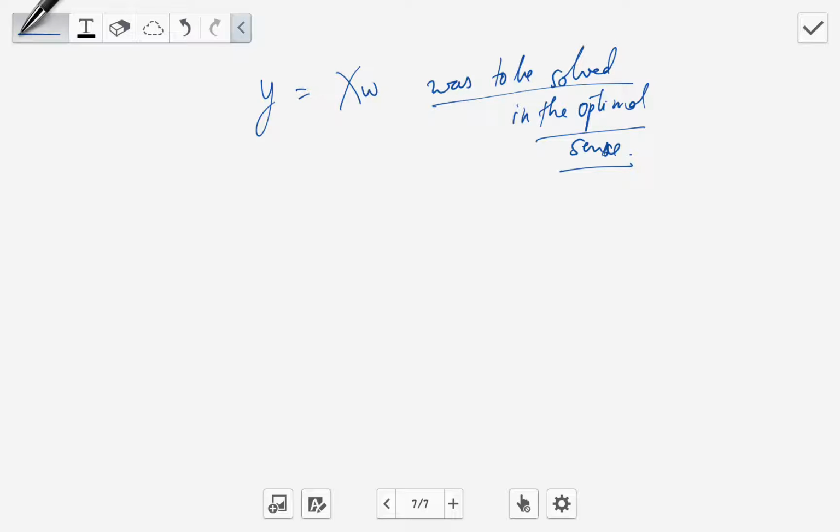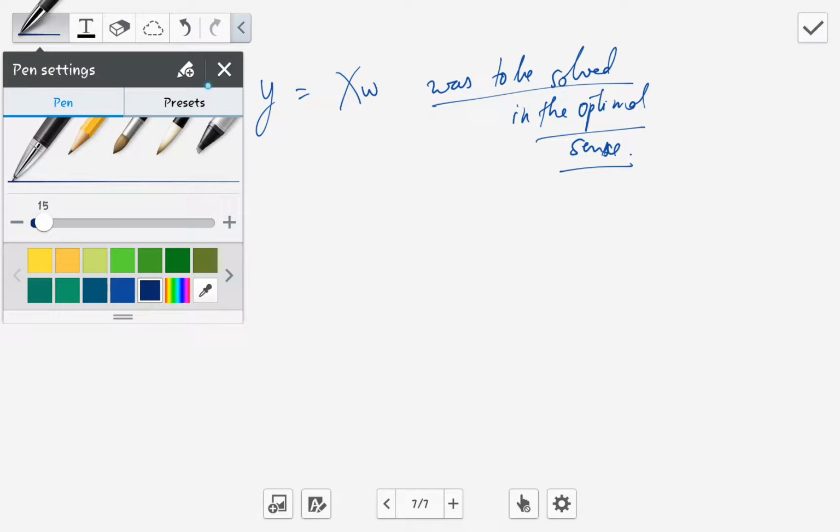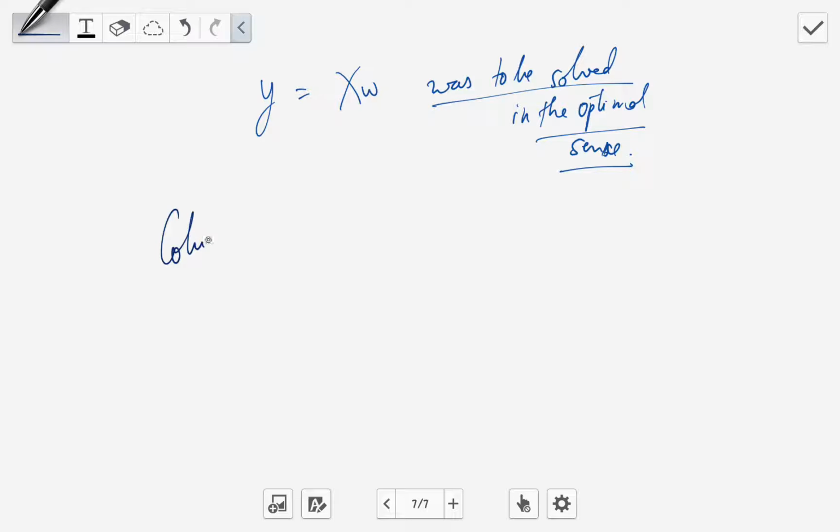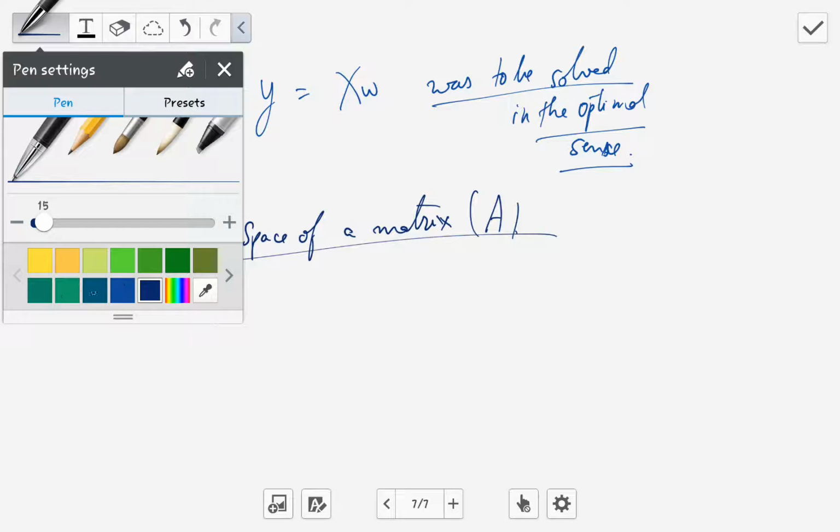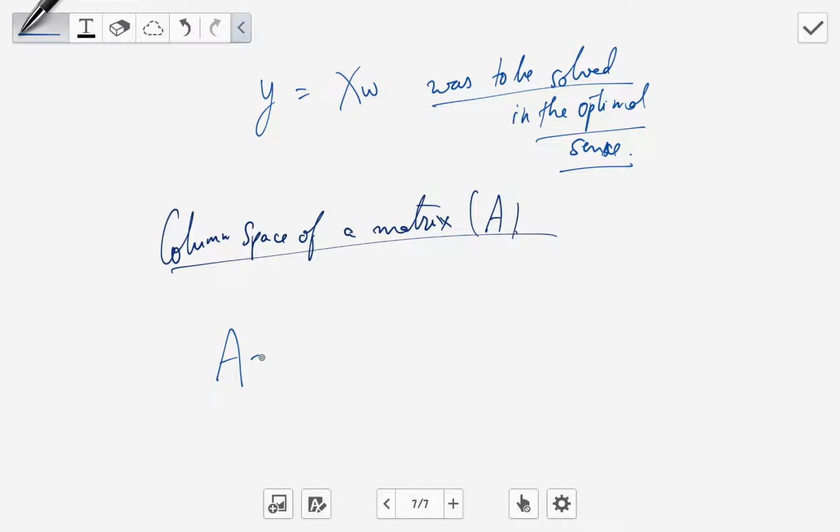So let us now define something called the column space of a matrix, say A. A is say A1, A2, so on up to AM.